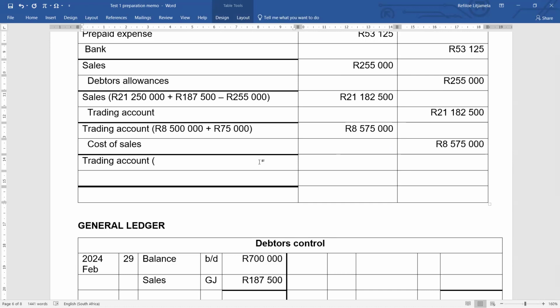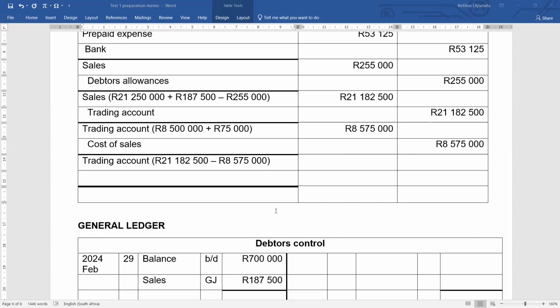And now I'm reducing everything. So what do I mean by everything? I'm going to take that 21 million, which is my net sales, 500, subtract all my cost of sales, my net cost of sales, which is 8,575,000. And let's see how much that gives me.